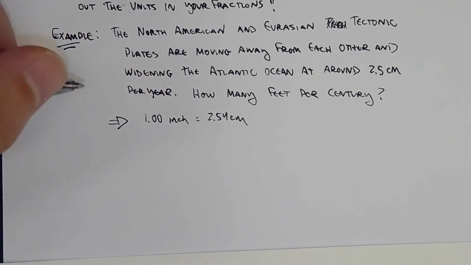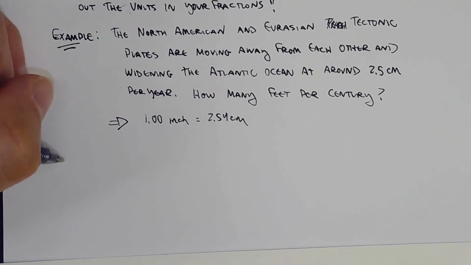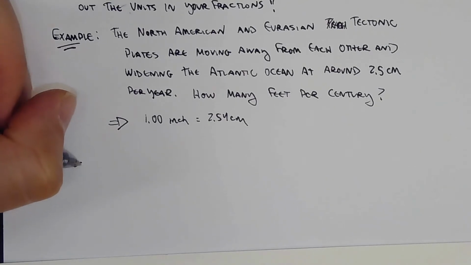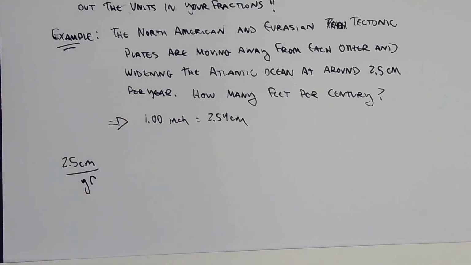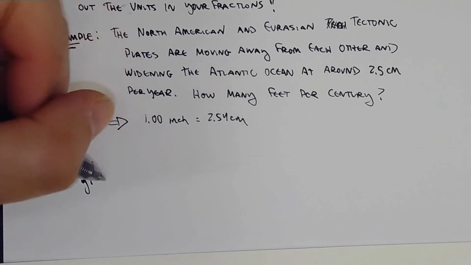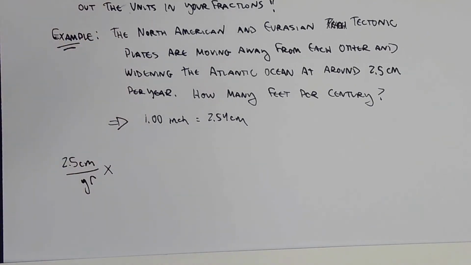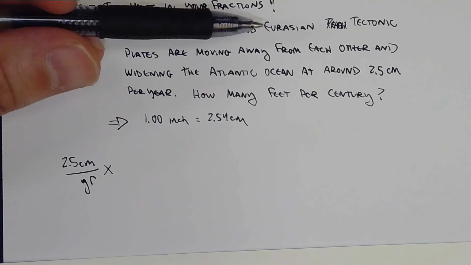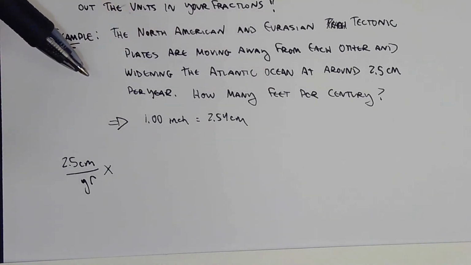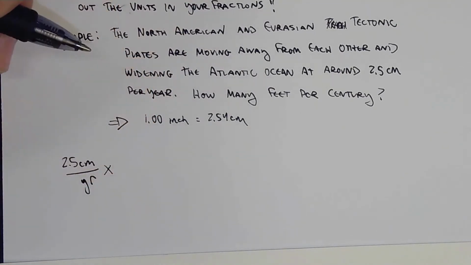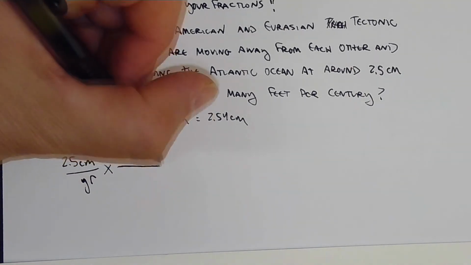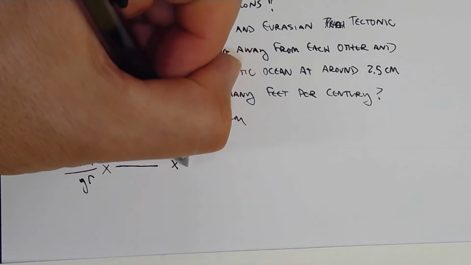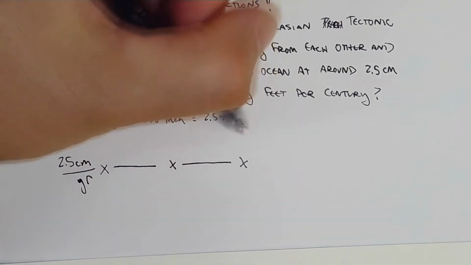So we're going to start with what we're interested in, and we're going to say 2.5 centimeters per year. So that's basically a speed, a distance over a time. And we are interested in converting that to get to feet per century, and I'm going to argue that we could do this in 2 steps if we wanted to, but it might be more natural to do it in 3.